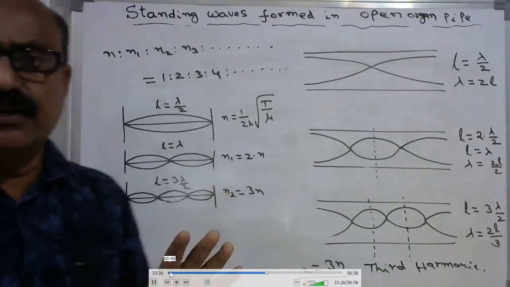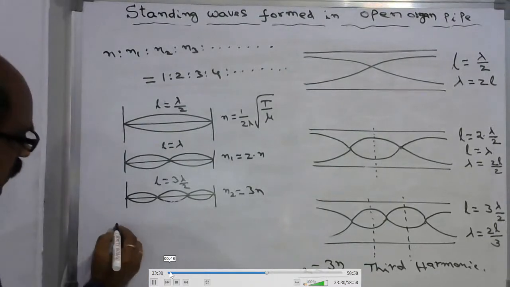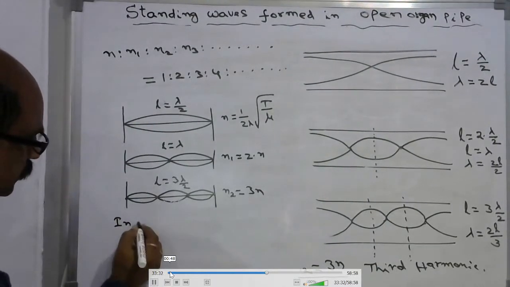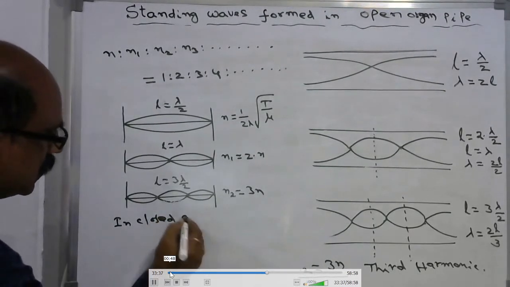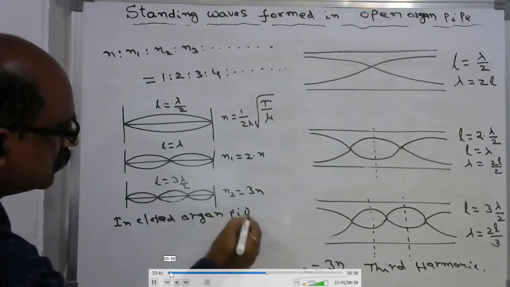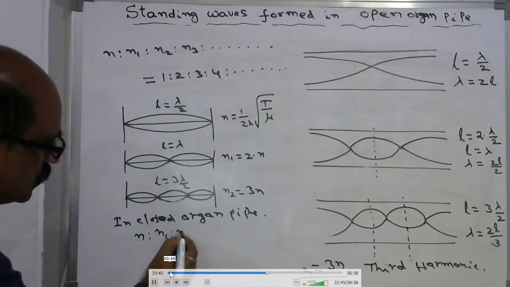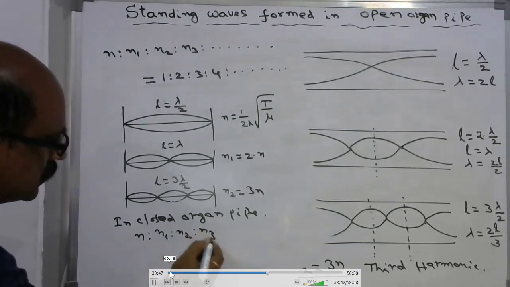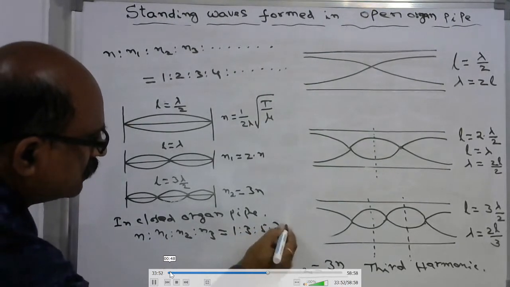But in case of the closed organ pipe, the frequency ratio n is to n1 is to n2 is to n3 is equal to 1 is to 3 is to 5 is to 7 and so on.